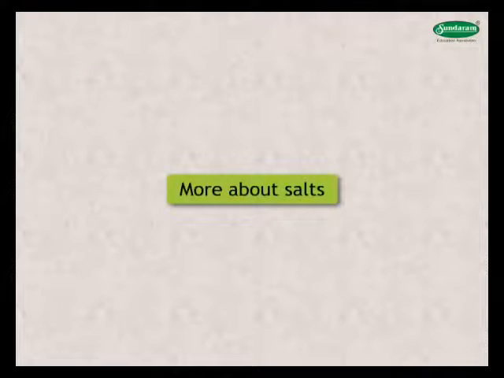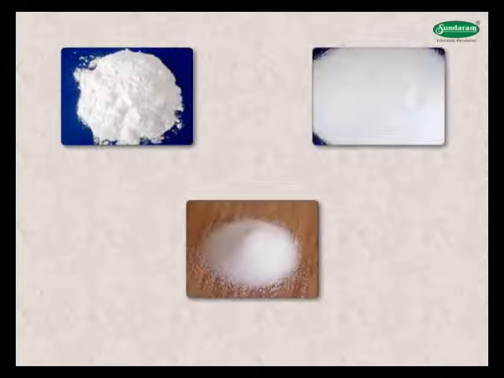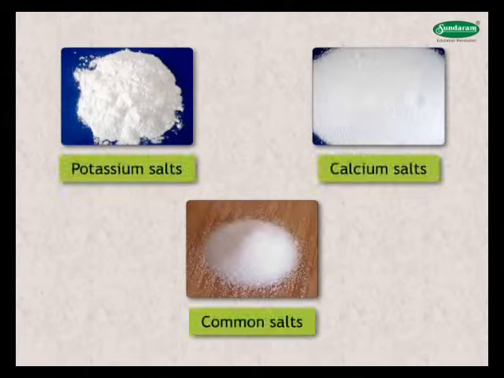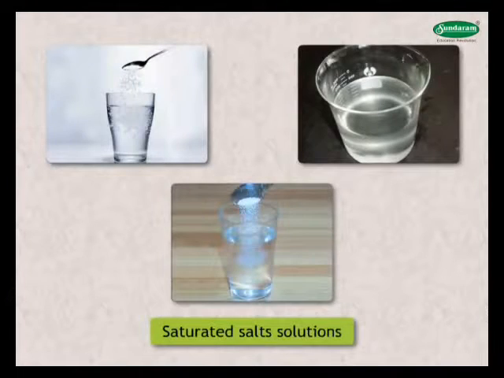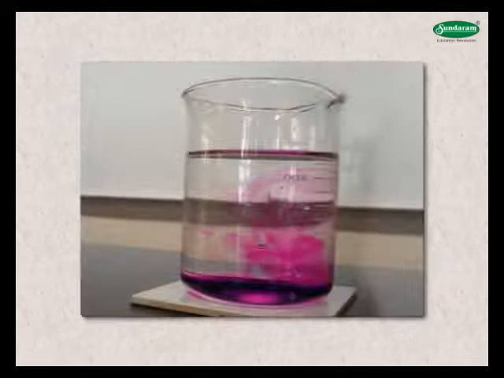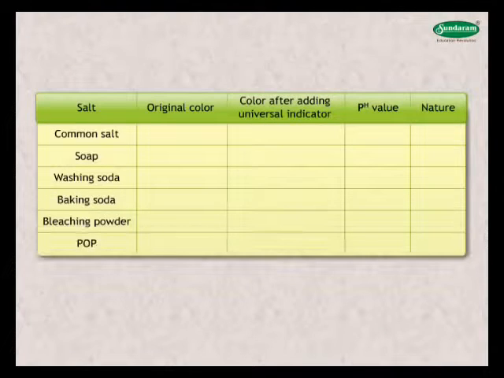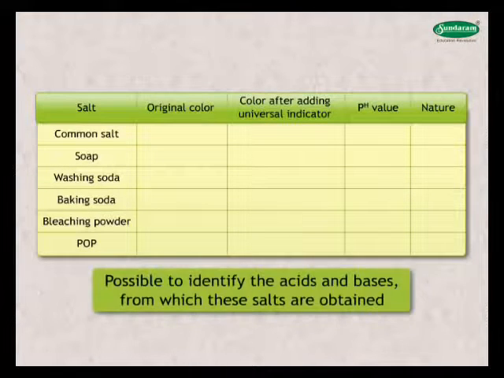More about salts. You have learnt about the formation of various types of salts. Students, prepare saturated solutions of these salts. Add 2 drops of universal indicator to it. Note the observations. It is possible to identify the acids and bases from which these salts are obtained.